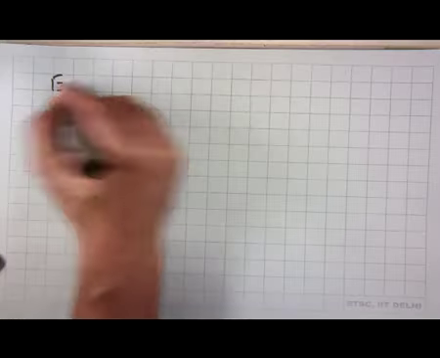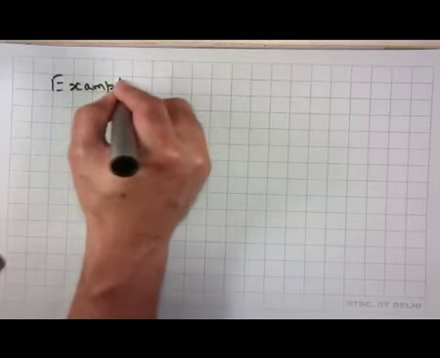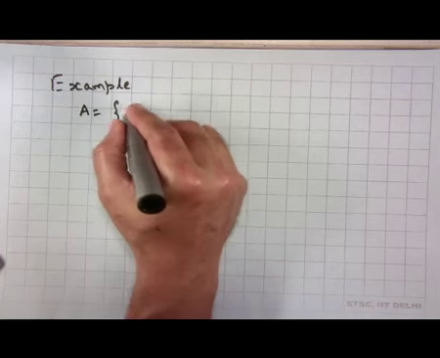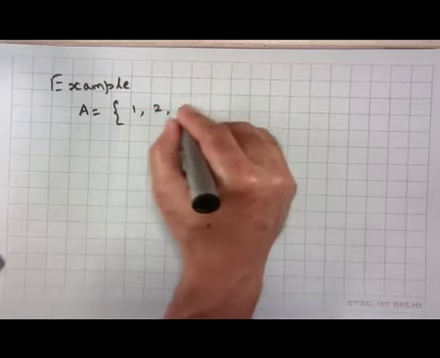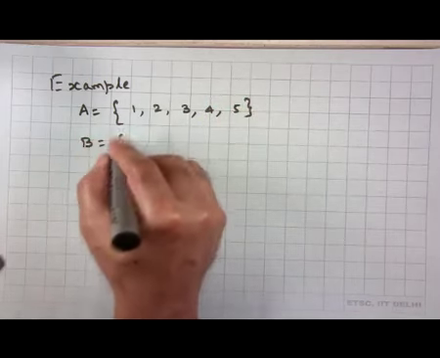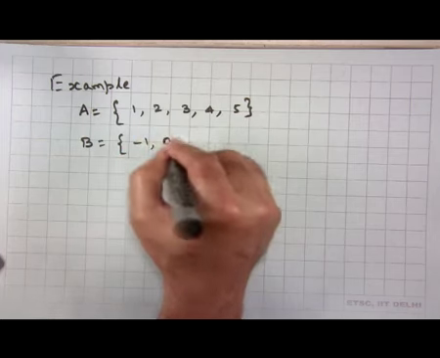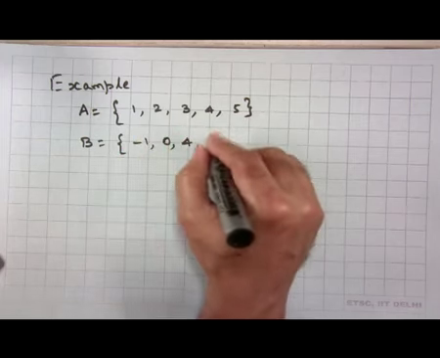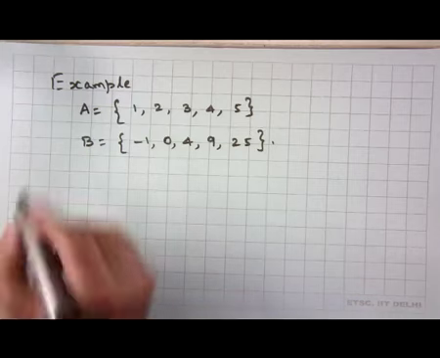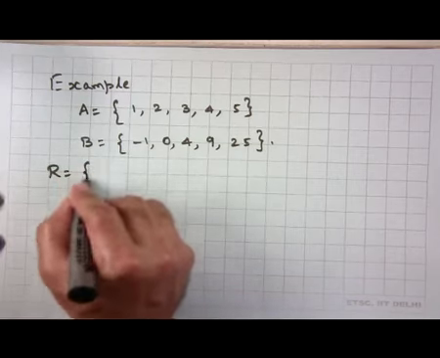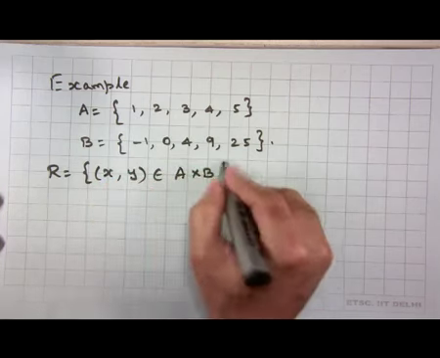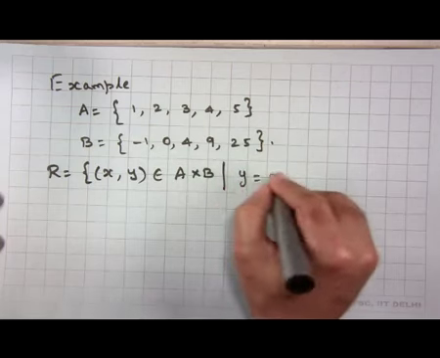Let us do one more example. A equal to {1, 2, 3, 4, 5}, and B equal to {-1, 0, 4, 9, 25}. Now, let me define R as all those (x, y) in A cross B with the given condition that y is equal to x square.